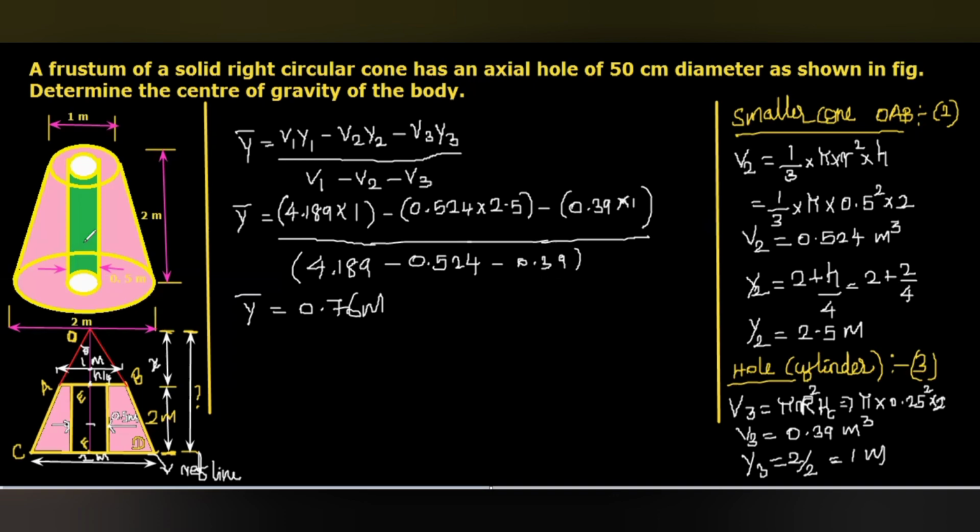For that, an overview of center of gravity. Both video links have been attached in the description box of this video. So go to the description box and click the video links. It is useful for better understanding of this numerical.